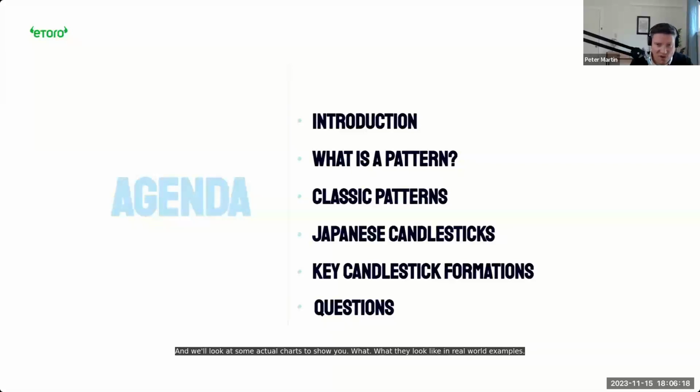So we'll look at a few patterns to define what they are and what you're trying to look out for, and we'll look at some actual charts to show you what they look like in real world examples. And then we're going to look at Japanese candlesticks. We'll have a quick refresher on the different parts of candlesticks, and then we'll look at a few classic, relatively short-term candlestick patterns. As I say, just a kind of taster. As we're running through, as usual, if you have any questions, make a note of them, and then we'll have a devoted section at the end, 10 minutes or so, to run through those in the Q&A section.